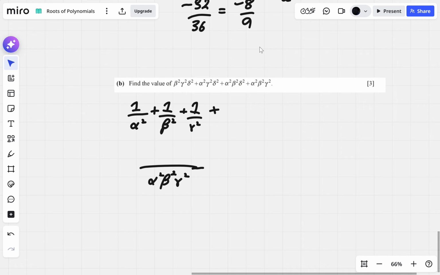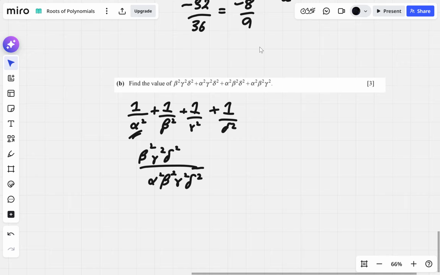It's going to be 1 over delta squared as well. So we can write delta down here as well. So this is just going to become, the first one had an alpha, so we are going to skip that and just write beta squared, gamma squared, and delta squared.